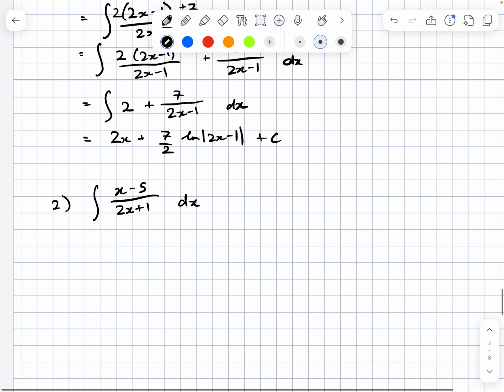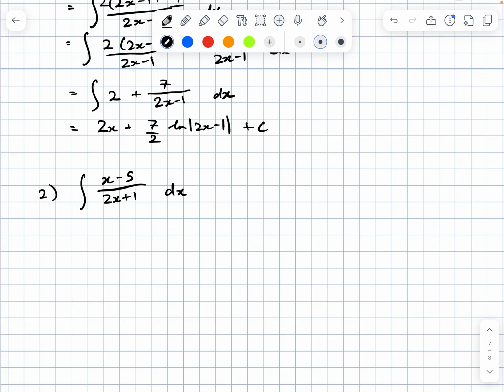Number 2, more of the same. We're going to firstly rewrite this as 2x plus 1 over 2x plus 1. Now I only have x on the top here, which means I've got to times this all by a half. And if we were to expand that, we get now x plus a half.